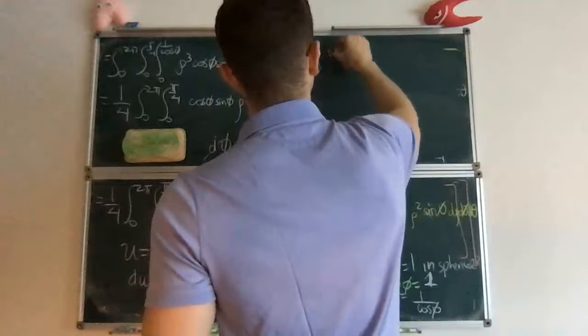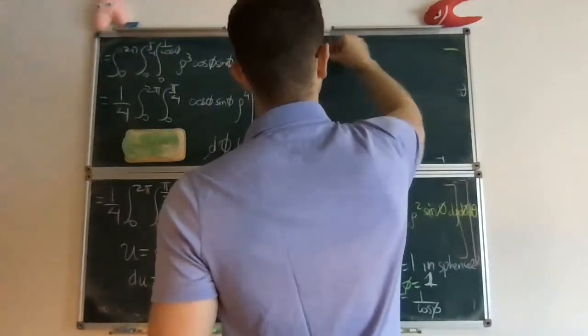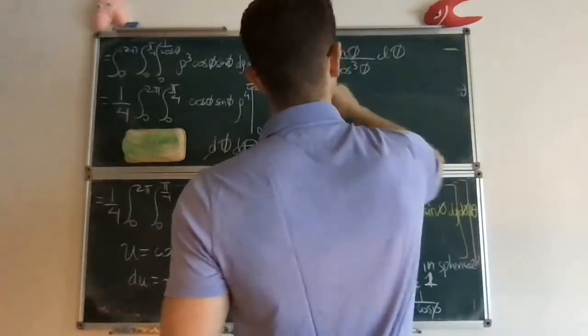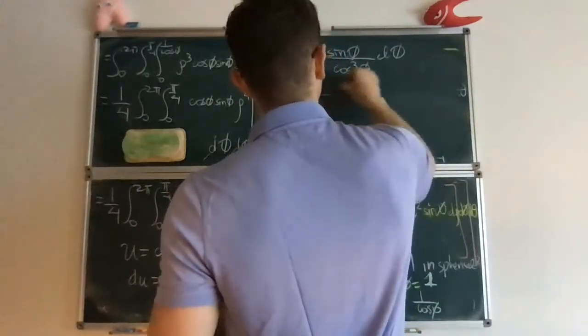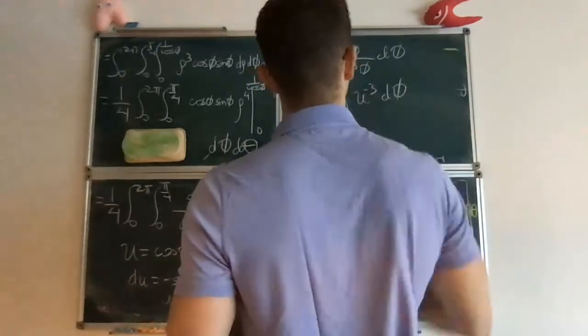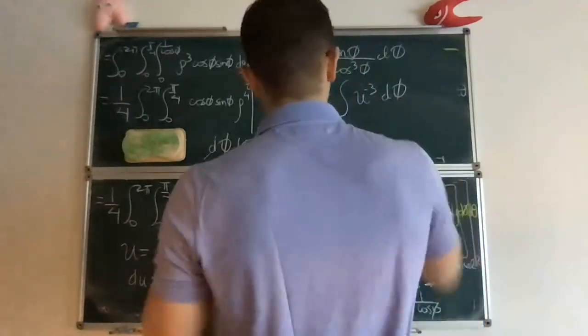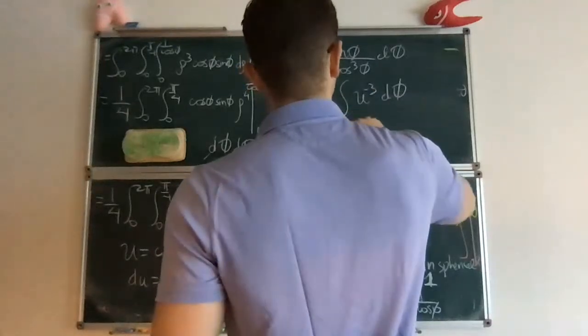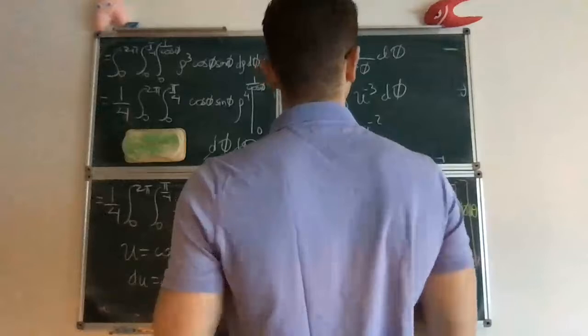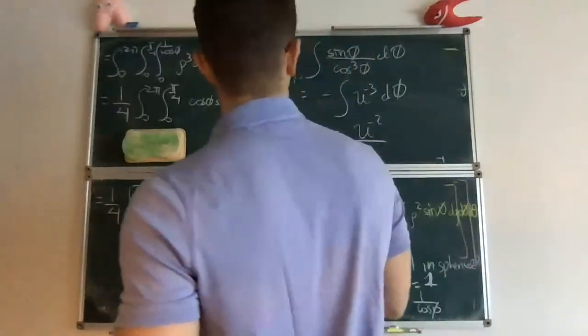So sine of phi over cosine cubed of phi d phi is just really minus u to the negative 3 du, which is minus u to the negative 2 over negative 2.